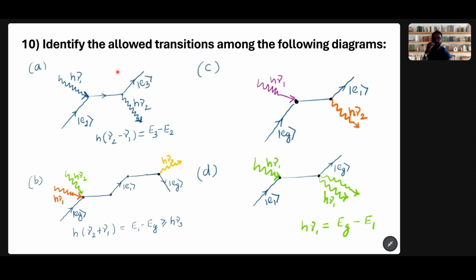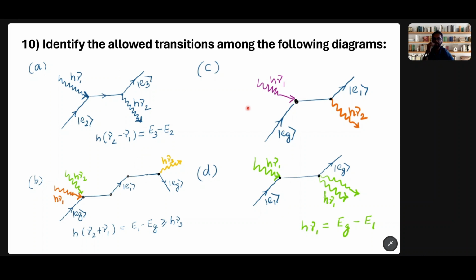So the last question of week 4 will be to identify the allowed transitions among the following diagrams. There is a common concept here.